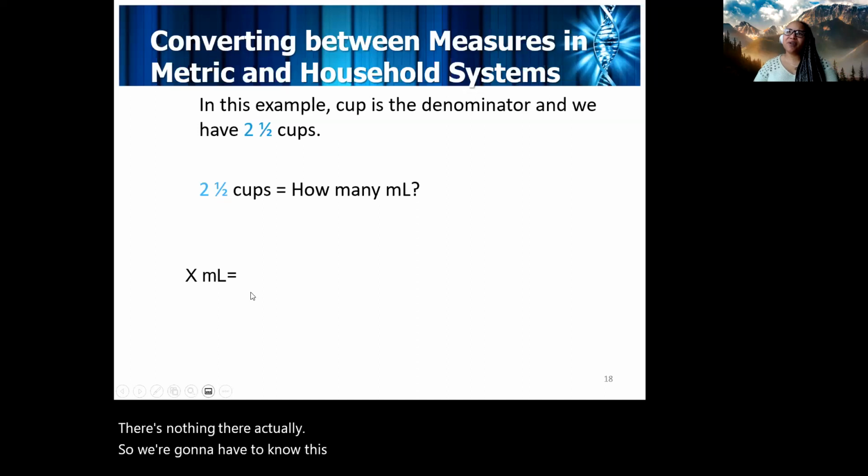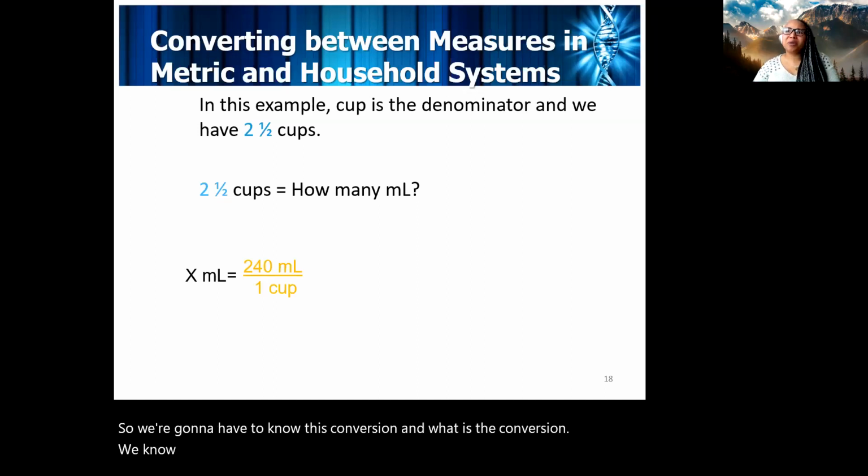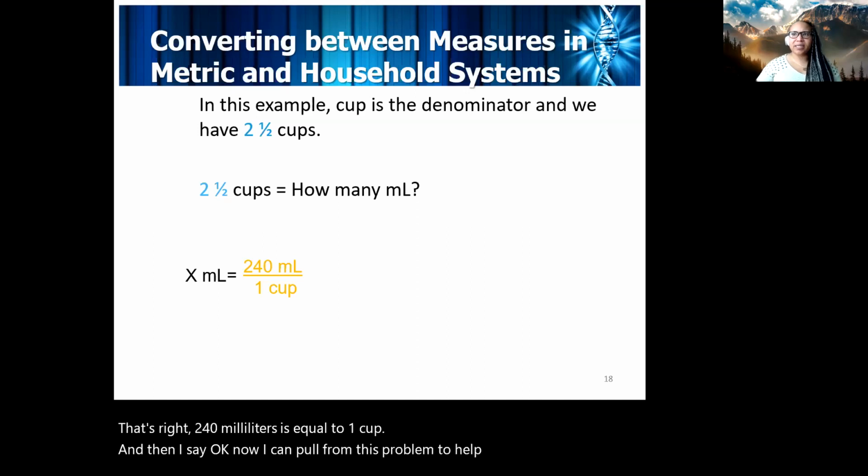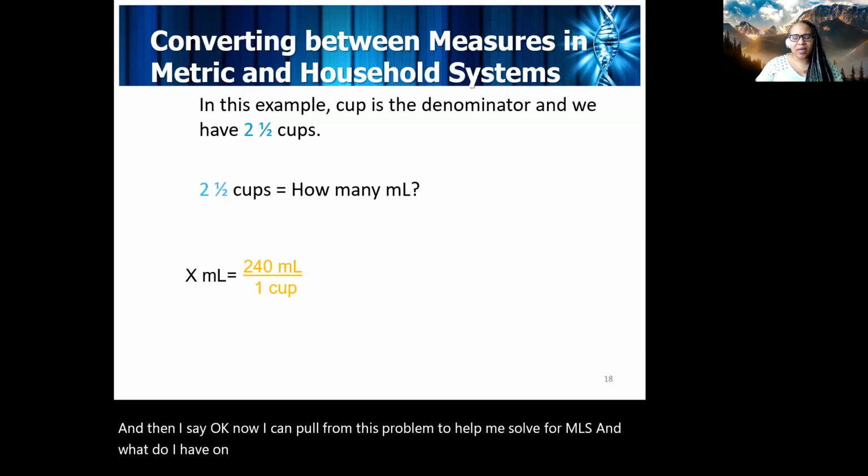And what is the conversion? We know that 240 milliliters is equal to 1 cup. That's right, 240 milliliters is equal to 1 cup. And then I say, okay, now I can pull from this problem to help me solve for milliliters. And what do I have on hand? I know that I have 2.5 cups.